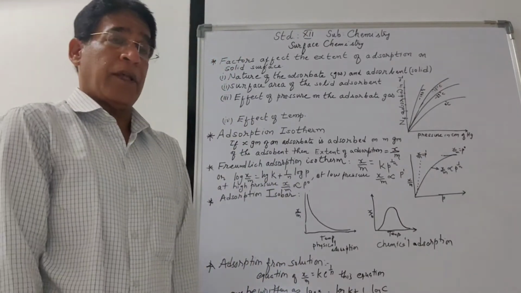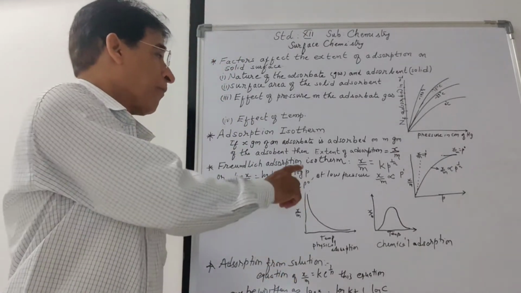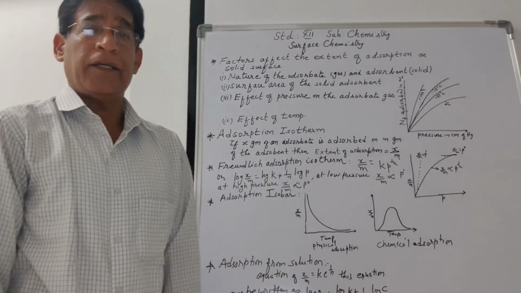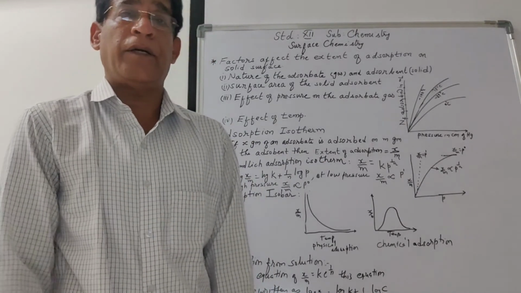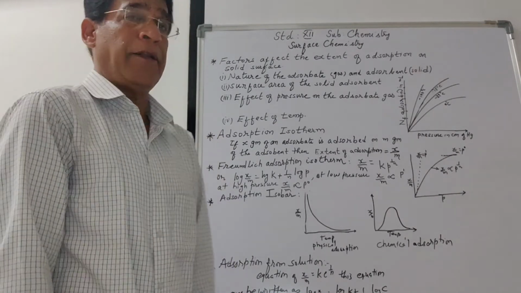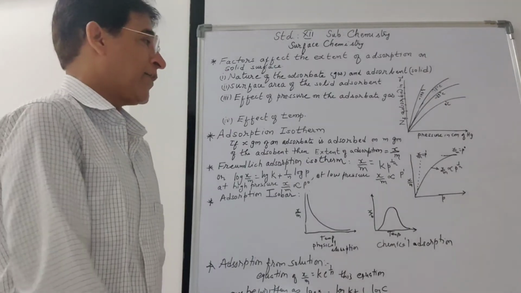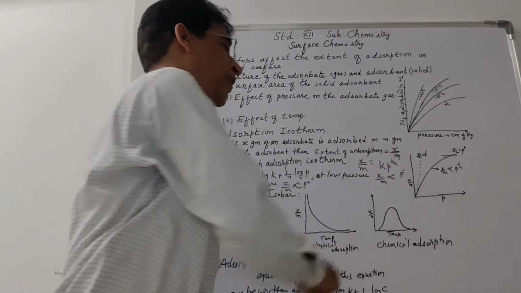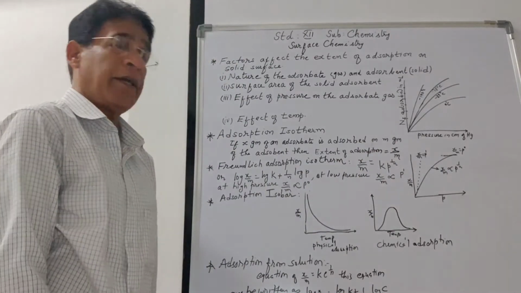Here, if x gram of an adsorbate is adsorbed on m gram of the adsorbent, then the extent of adsorption is equal to x/m.